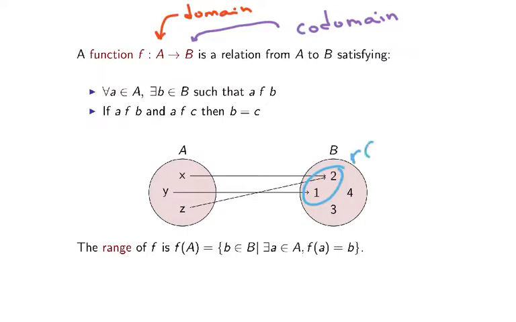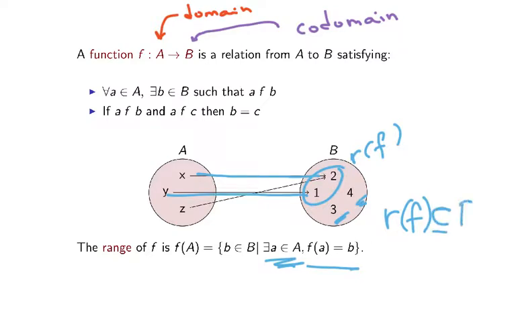In this case, this will be the range of this function because only 1 and 2 are elements that come from something. 3 and 4, they don't have any element in A such that they come from. So the range is contained in the codomain. I mean, the range of the function is contained in the codomain B. Sometimes it will be as big as B, but sometimes, like in this case, it can be strictly smaller.